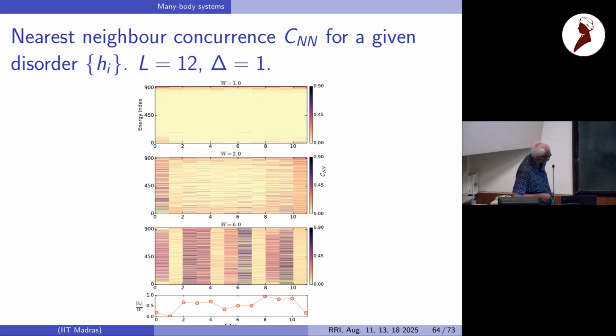For each of these, we are calculating this nearest neighbor entanglement or concurrence. And you can see that some of the pairs are highly entangled. This is for W is 6, where there's a lot of disorder. There's a lot of entanglement, whereas for W is 1, in the chaotic phase, there is no entanglement. In the bulk of the spectrum, this is very small, actually 0 entanglement.